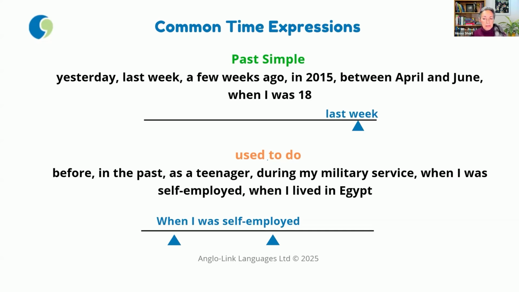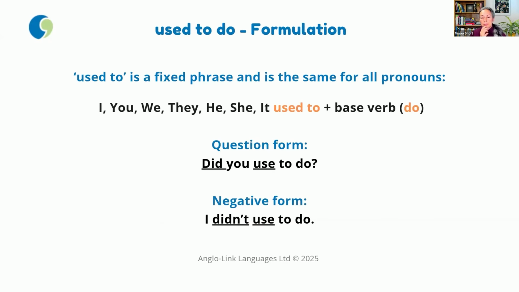During my military service, when I was self-employed, see, these are all periods of time, not points of time. When I lived in Egypt, that's the difference. And that's why for this idea, used to do is always a better choice than just past simple, as I just said. Now, in terms of formulation, fortunately very easy.